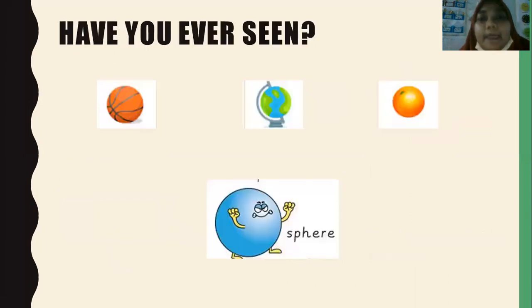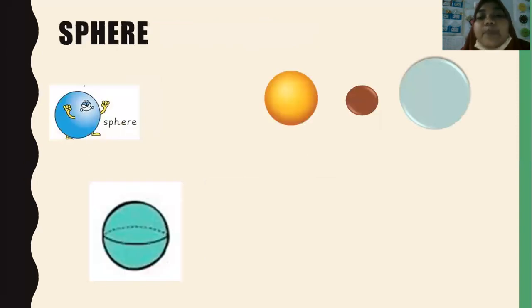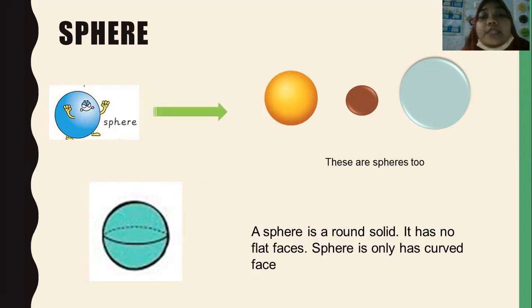Next, this is a ball, globe, orange, or football. All of that we call a sphere. There are small spheres and big spheres. A sphere is a round solid. It has no flat face.